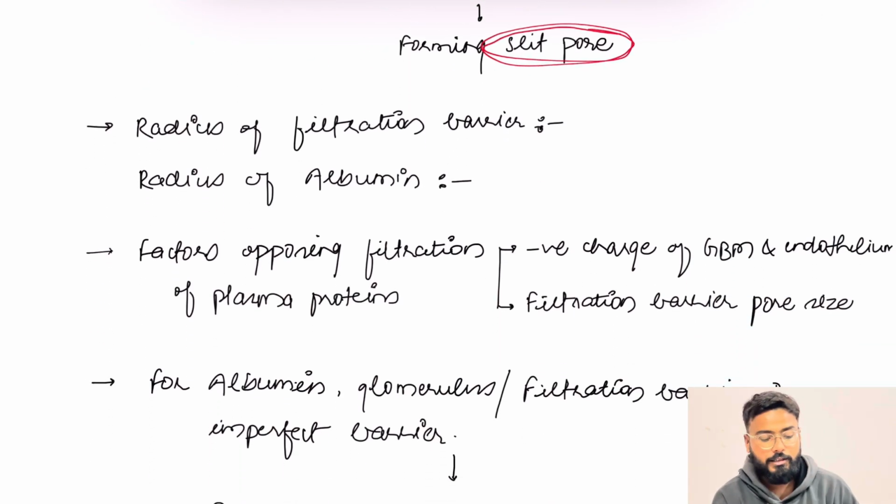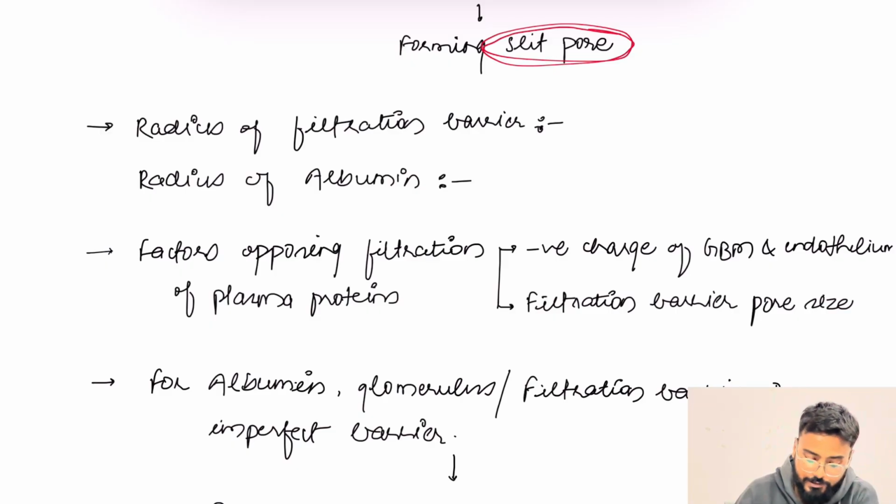Now the radius of your filtration barrier, these three structures combined: what is the maximum size of a molecule that can pass through this barrier? What is the biggest molecule that can pass through this filtration barrier? That is 4 nanometers.